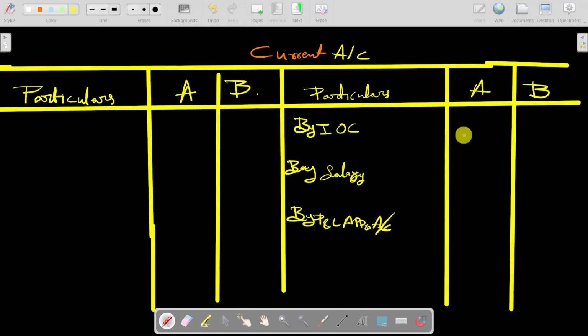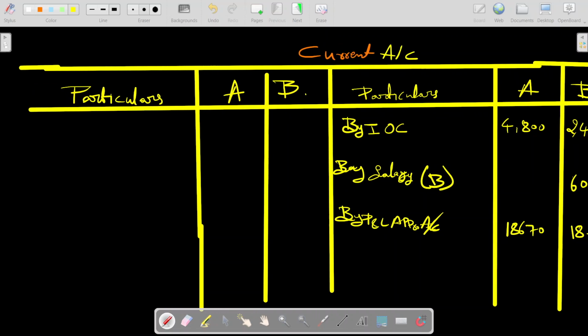So how much interest on capital are they taking? 4,800, 2,400. Salary, and we are giving salary to B only. How much salary are we giving to B? 6,000. And how much profit are we giving to both partners? 18,670, 18,670, right?